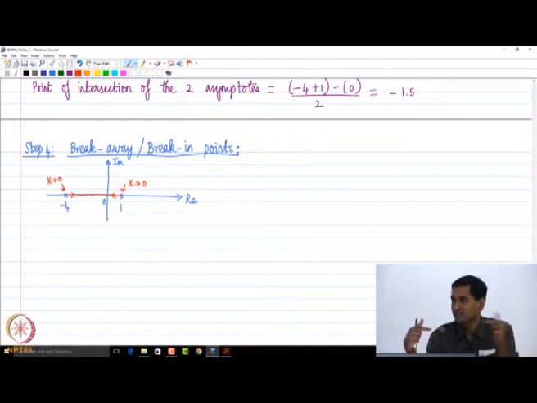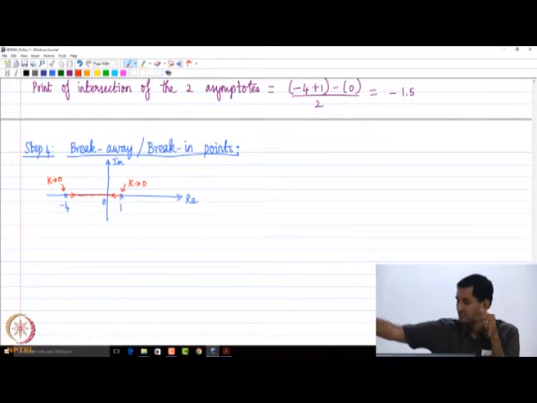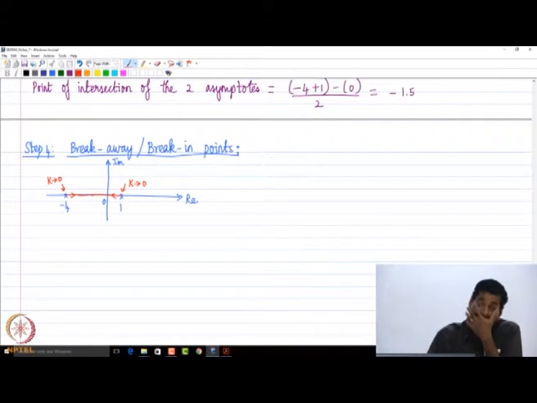One branch is coming to the right, one branch is coming to the left. At this point they are going to break away from the real axis, because obviously I cannot turn back or cross each other. I cannot have the two branches going anywhere other than into the complex plane.